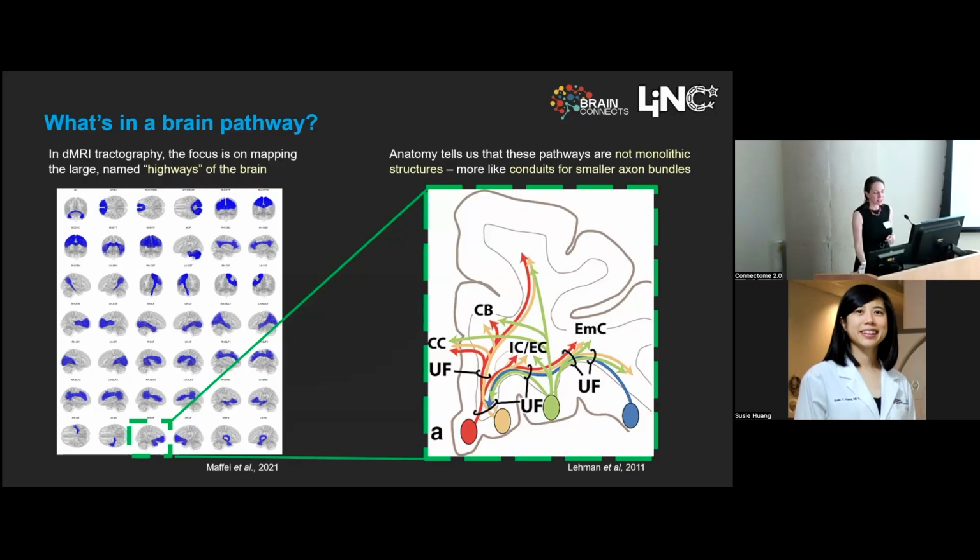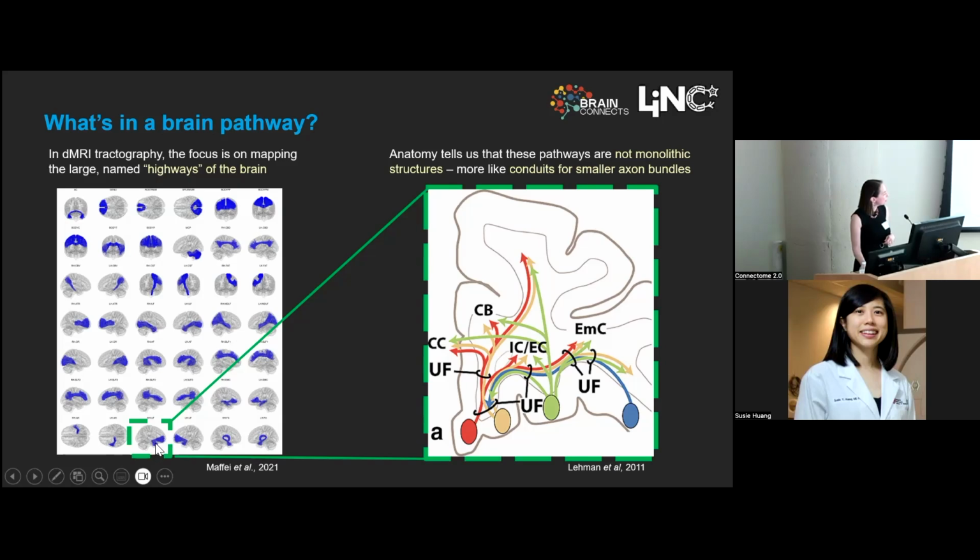And so this is an example from a paper from Suzanne Haber's lab, where they dissected, using multiple tracer injections in multiple areas, the different fiber bundles that go through one of these large highways. So the uncinate fasciculus that you see down here.